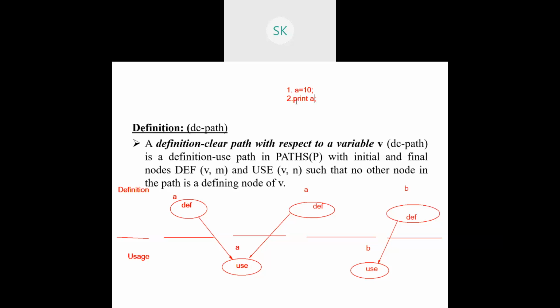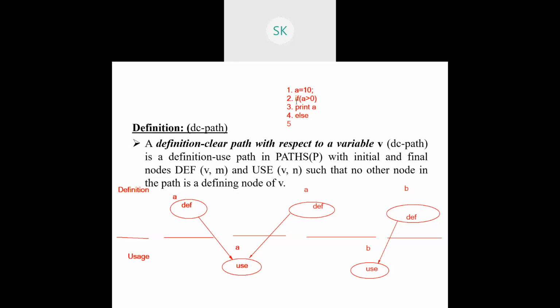Suppose I change this: instead of print a, you can add one more statement, that is a predicate statement, a greater than 0. Third statement, print a. Fourth statement, else.